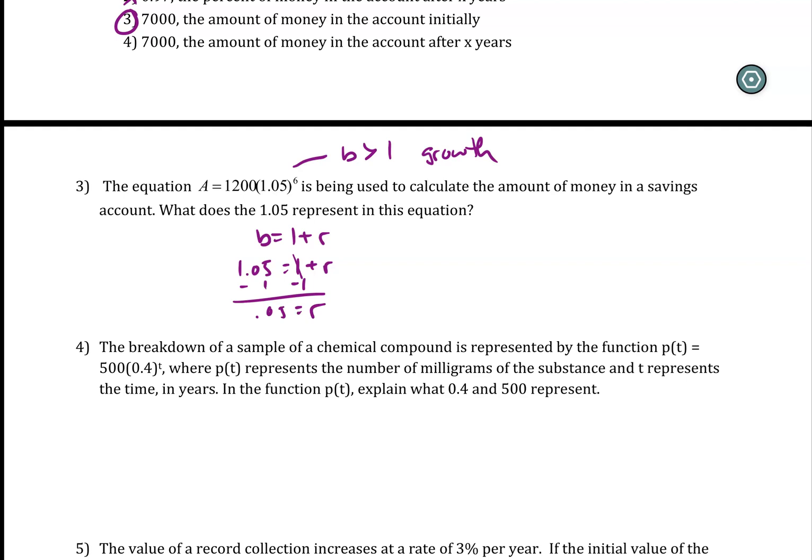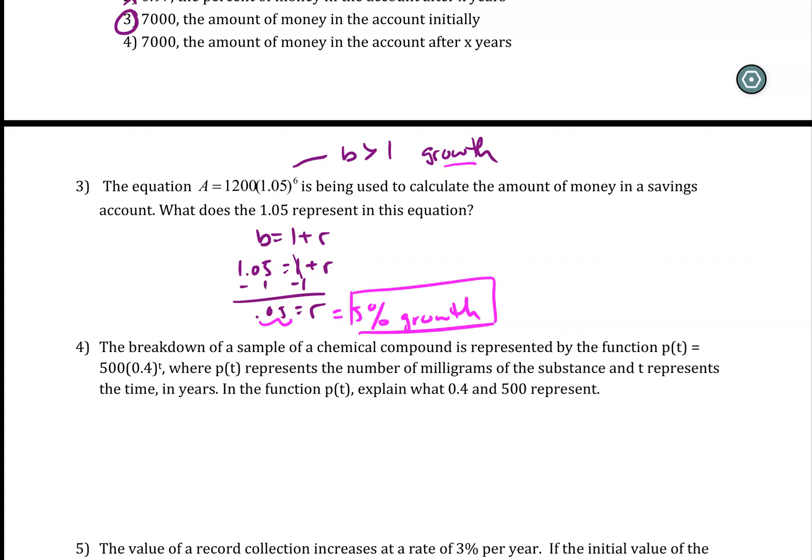If I scoot 2 decimal places to the right, that's going to tell me that r equals 5%. So that means that we now have a 5% growth occurring in this scenario.